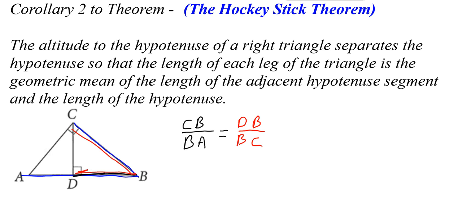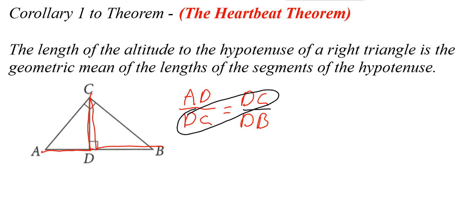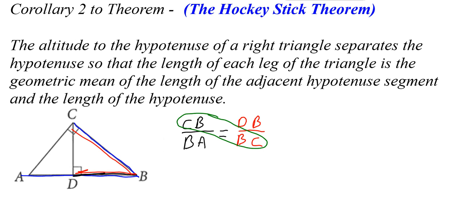Notice we see our geometric mean here, CB over CB. We can also see the hockey stick theorem this way, with a second hockey stick. So we have CA over AB, or BA.